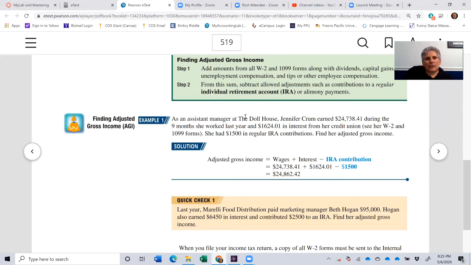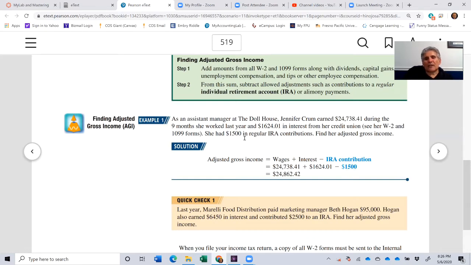So her adjusted gross income, we're simply going to take all that she made, $24,738.41 plus $1,624.01, and that adds up. That's going to be her gross wages, or gross income, I should say. And then from there, we're going to deduct, or subtract, the amount that she paid in an IRA.